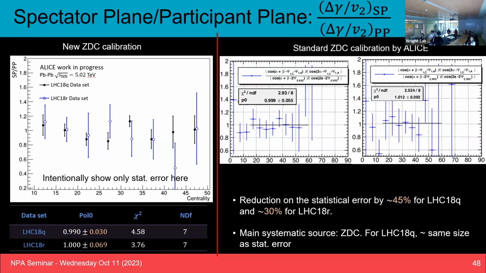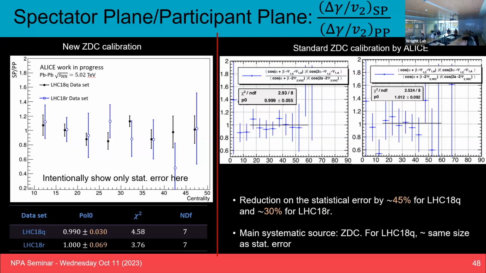The point is to compare with the old method of calibration. Here I only show the split systematic intentionally, because I just want to show a comparison of how the systematic split gets reduced. Compared with the fit with the old method, it gets reduced by quite a bit.